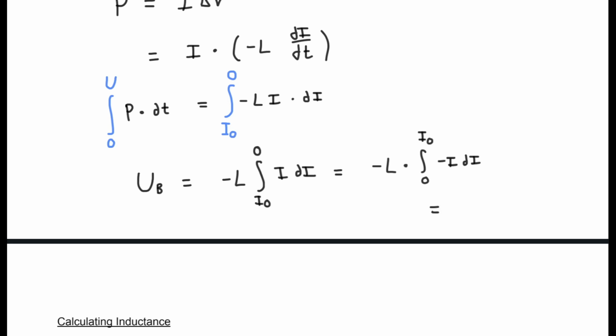If you're integrating x from 0 to x, you just get x squared over 2, and the negatives cancel, so we get 1/2 L I0 squared, as desired.